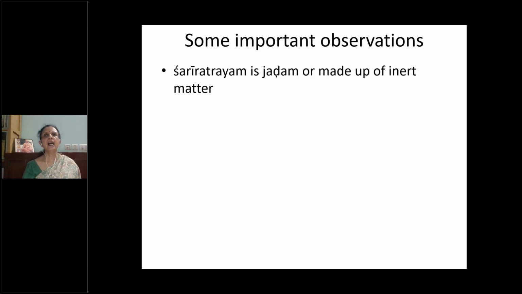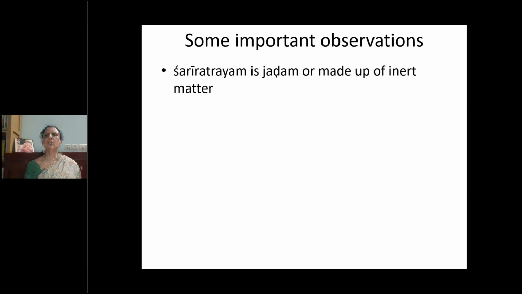And once we understand these three sharirams are jadam, we have to derive certain very important corollaries. Any matter or material is inert in nature, therefore we termed it jadam. Now, according to Vedanta Shastra, the definition of inertness is that which doesn't have consciousness and that which cannot produce consciousness.